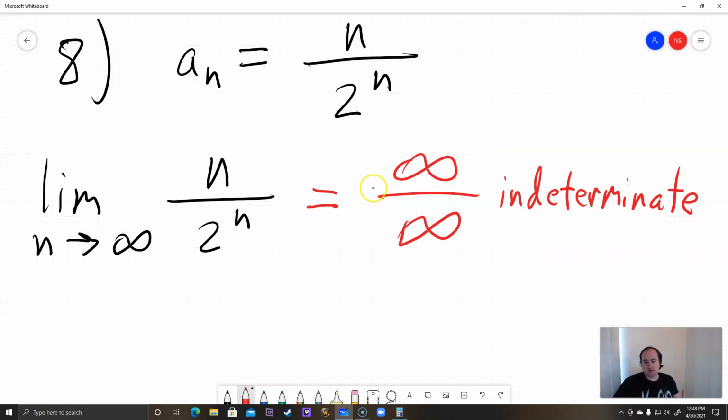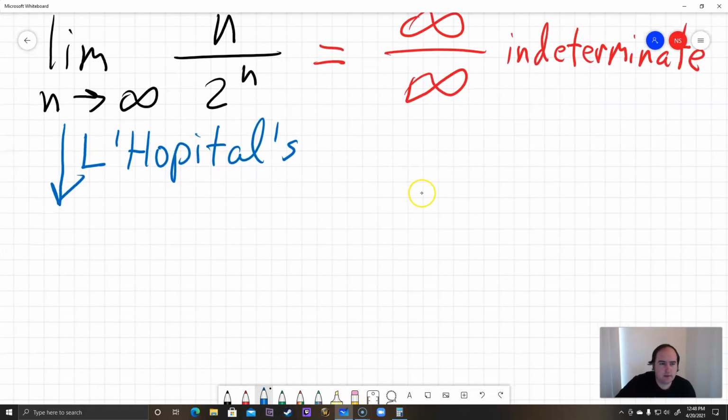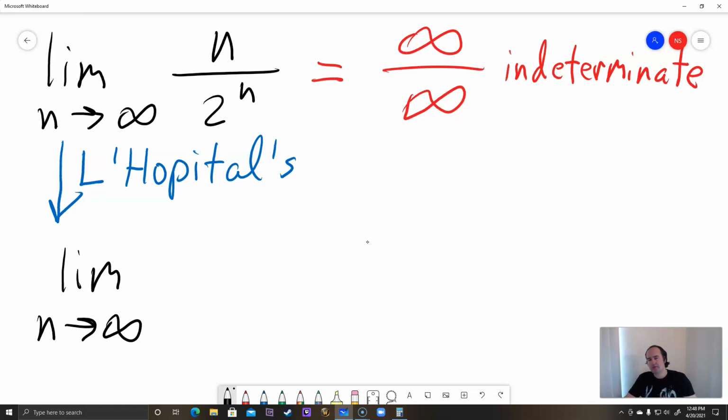So what we're going to use here is L'Hopital's rule. Whenever you get an indeterminate, you go ahead and use L'Hopital's rule. And L'Hopital's rule, remember, all you do is you take the derivative of both the numerator and the denominator. So taking the derivative, we get the limit as n goes to infinity of, in the numerator, the derivative of n is 1.